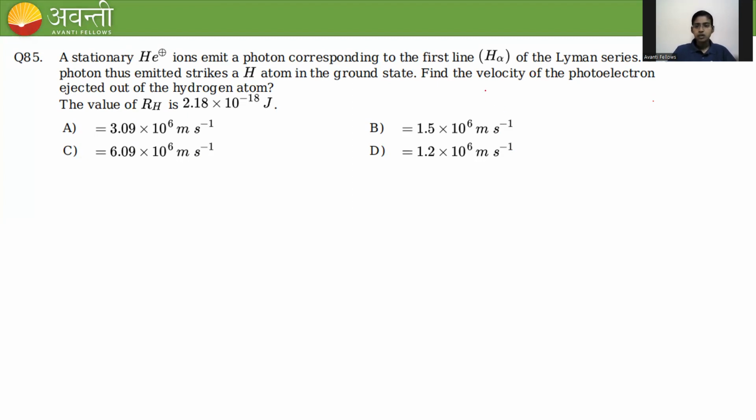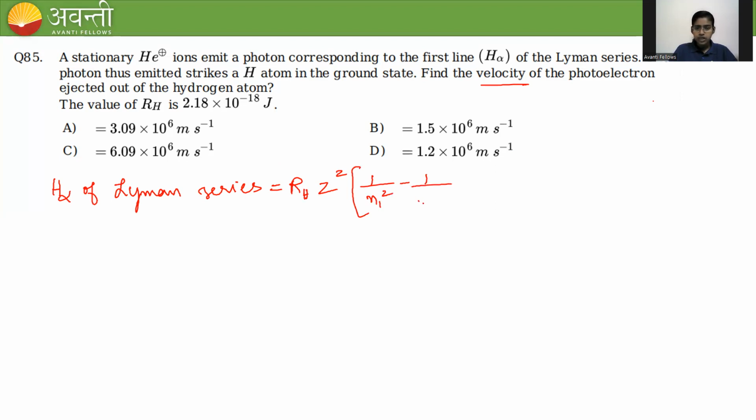So we have to find out the velocity. How to find the H alpha line of the Lyman series? It is equal to RH into Z square into 1 by n1 square minus 1 by n2 square. So this is the formula.